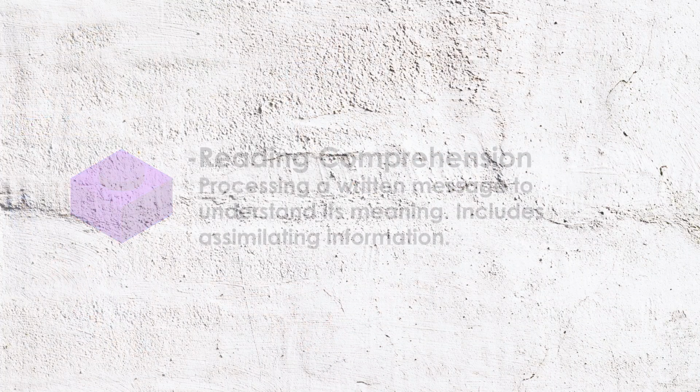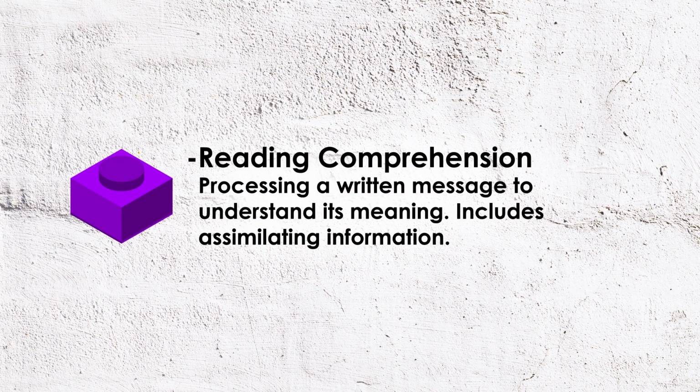And once a child is reading sentences and paragraphs, we introduce reading comprehension. And in this skill, we process or decipher a written message to understand the meaning. Comprehension skills also include assimilating the information we read with what we already know.